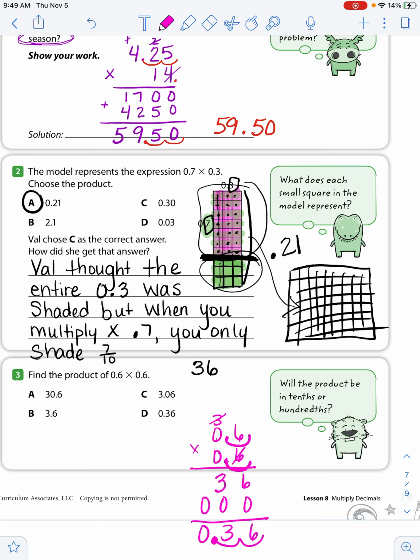If I would have taken all those 6/10 that I just drew and cut them up, this is how many hundredths I could possibly end up with. 36 hundredths. Think about the shading pages that we did yesterday.